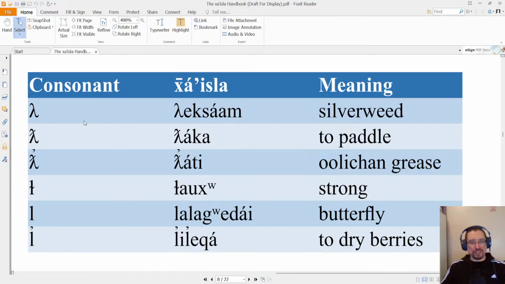We'll go over some examples of words starting with these sounds. This first symbol looks like an upside down backwards Y. This is called a lambda. Something I want to point out is that you normally wouldn't see these little curves at the ends of these lines. These are here because of the font.